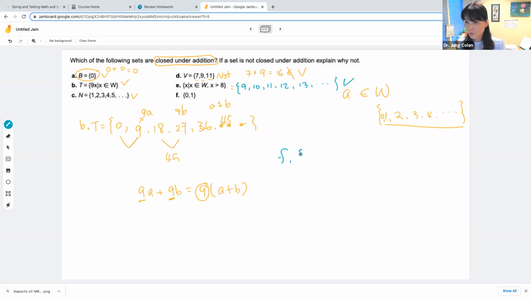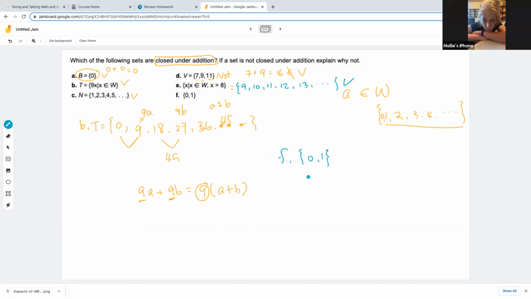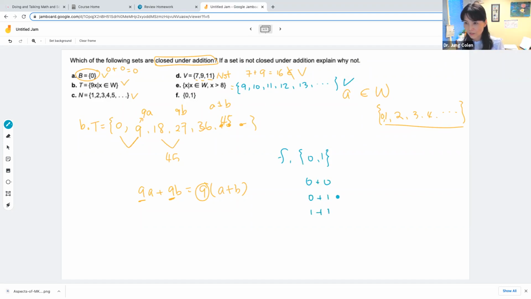F, we have 0 and 1. Do you think it's closed or not? No. Pick any two numbers, like 0 and 0, 0 and 1, 1 and 1. 0 plus 0 is 0, so it is in that set. And 0 plus 1 is 1, so it's okay.